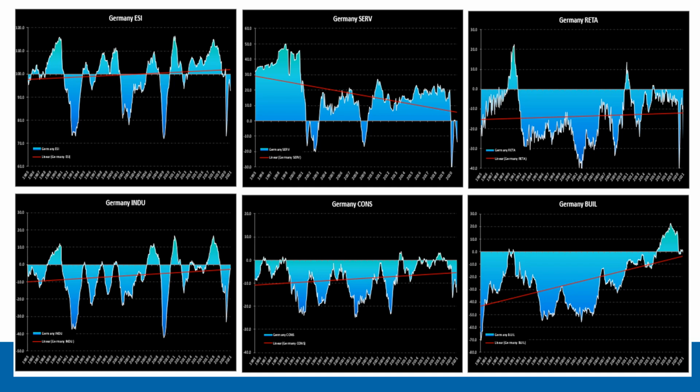Let's have a look at the manufacturing sector. In the bottom left-hand corner, you can see overall we have a bearish number like France, and a positively upward sloping general trend. But it's not as strong a sector as people would have you believe or imagine.